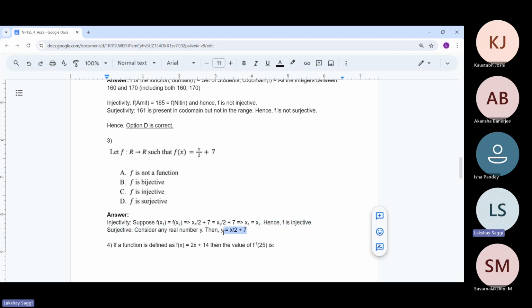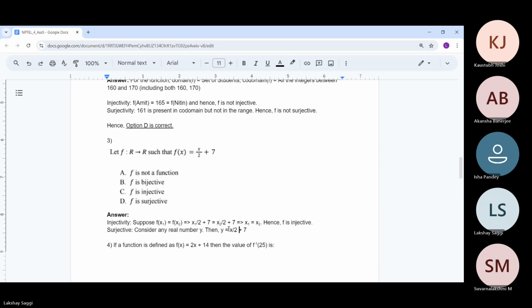And if in this equation we can find an X such that X is real, then we have actually obtained a value in the domain for which f of that value is actually equal to Y. So I hope this kind of makes sense.